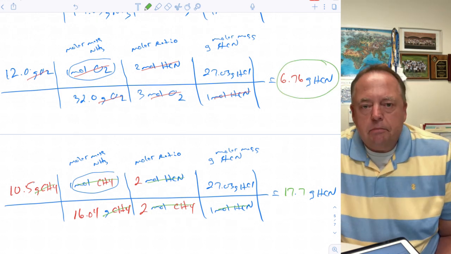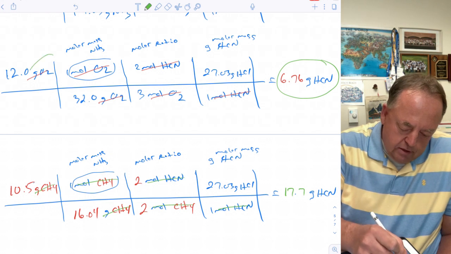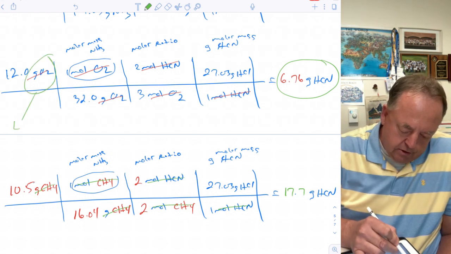The smallest is 6.76 grams, so that is your maximum yield of HCN, which means that is your limiting reagent.